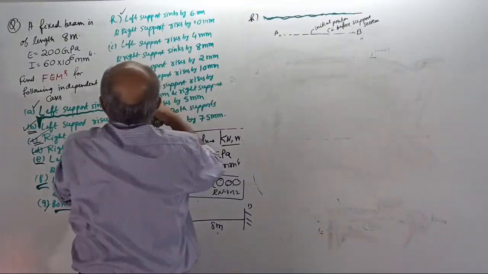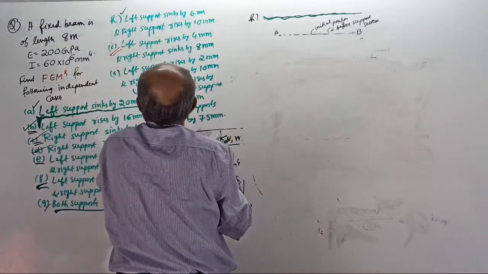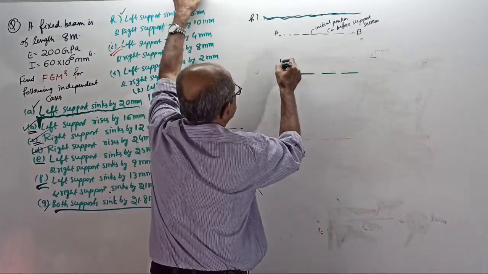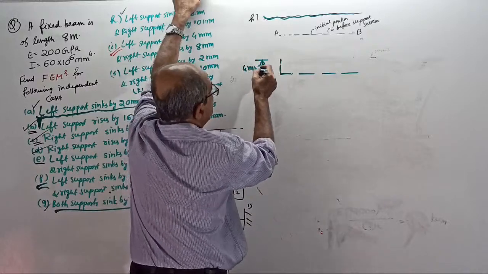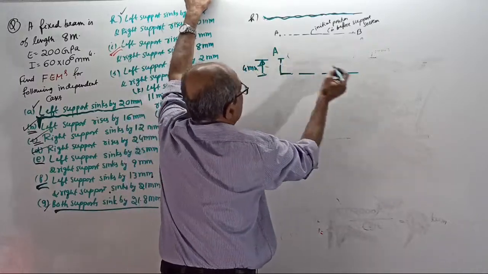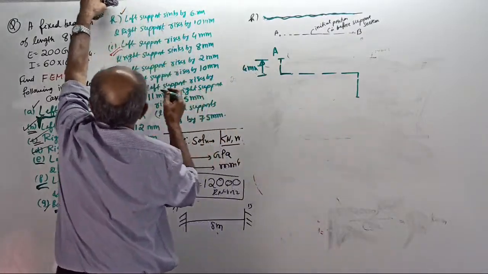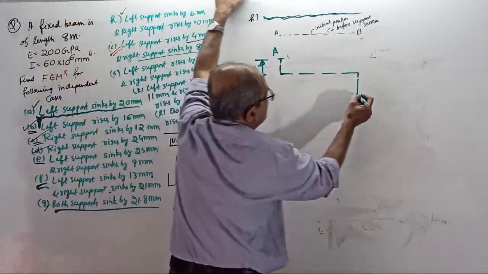H over, I. Left support rises by 4, right support sinks by 8. Color change. This is A. Right support sinks by 8.